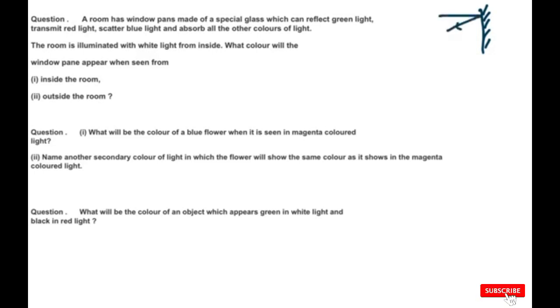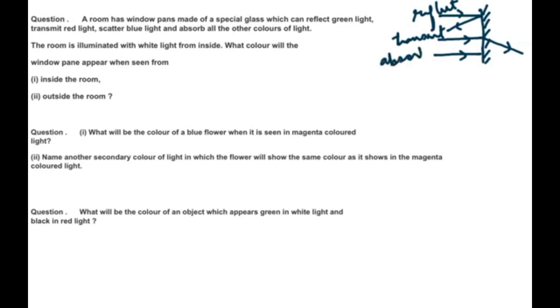It can reflect, it can transmit, or it can absorb. Reflection means the same light is transmitted back. Transmit means it lets it go through and travel further. And absorption is this ray terminates at this surface.